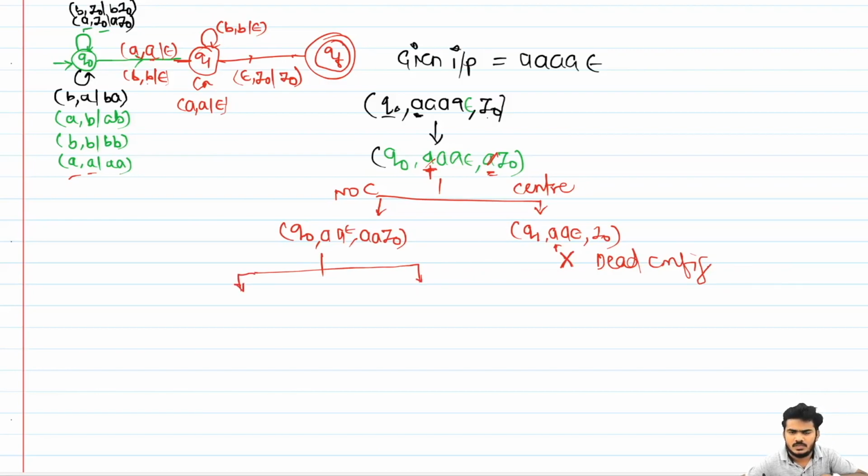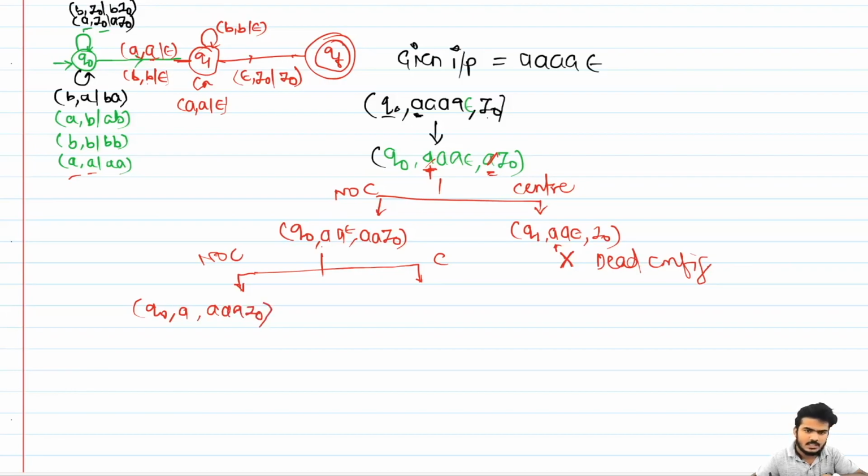Here also I will assume that center came and here no center. We know that if we solve this way we will get a center. Till center has not come, this is Q naught with input A; on A, I have to push that A onto Z naught.